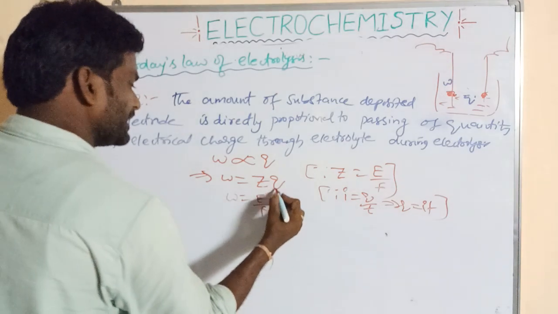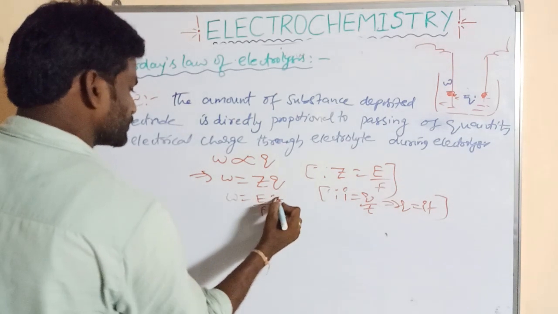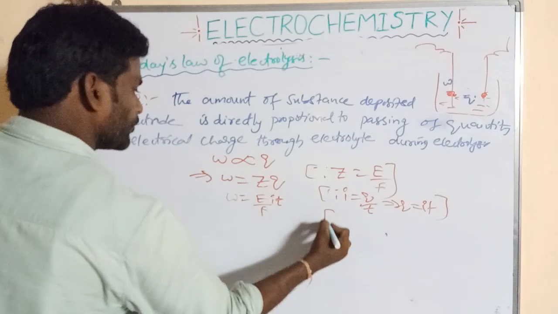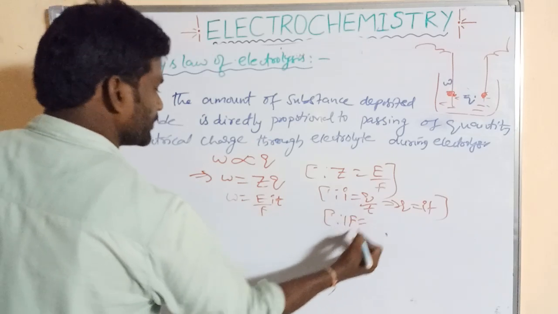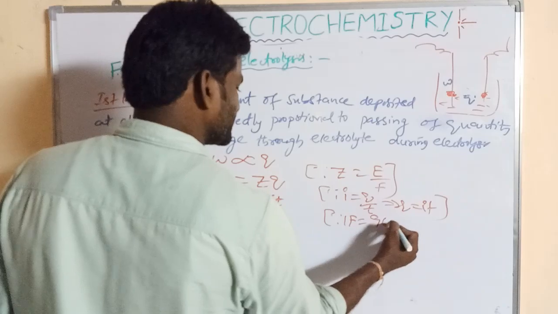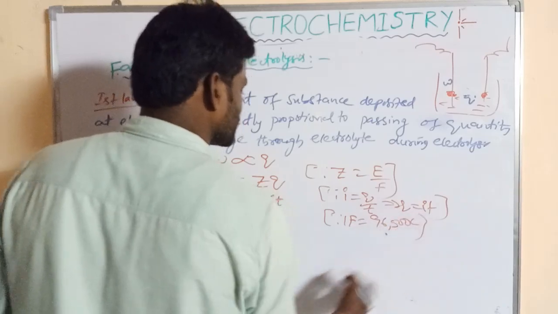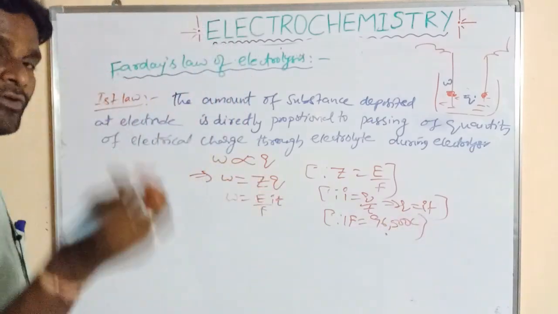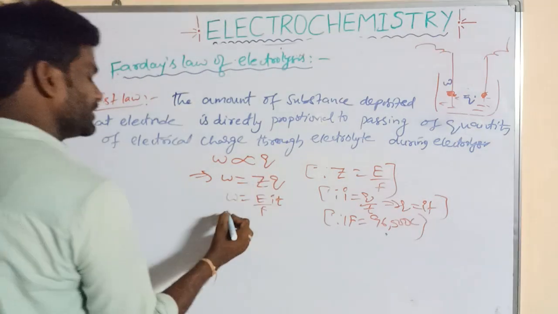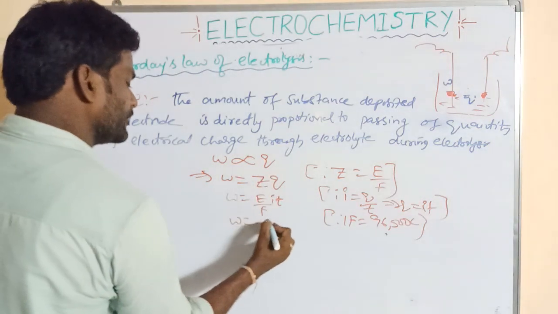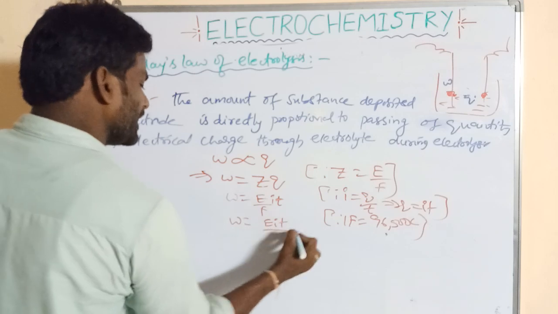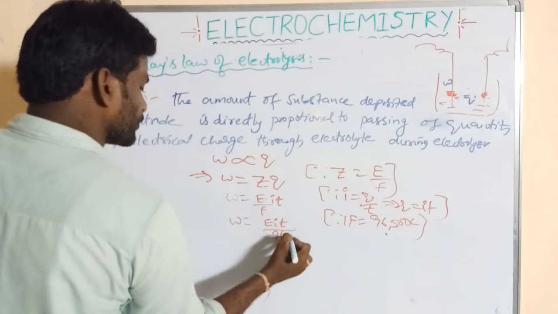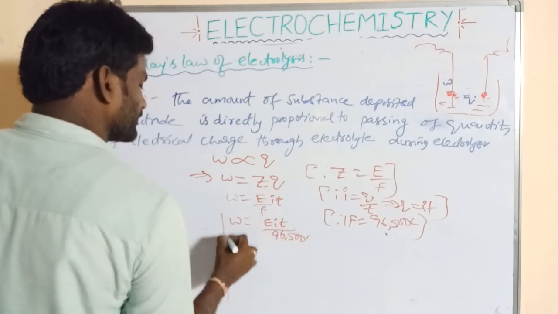So this can be written as IT. Later we know that 1 Faraday is equal to 96,500 coulombs. Already says that the charge of 1 mole of electron is said to be Faraday. So therefore W is equal to EIT by 96,500.